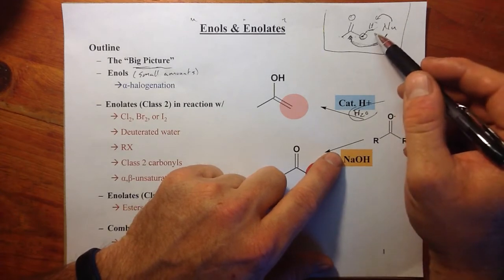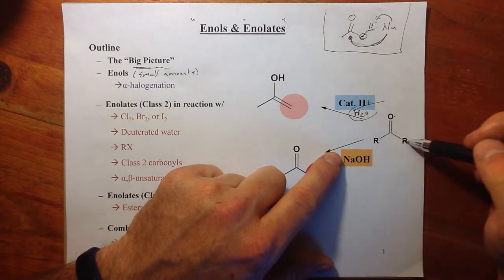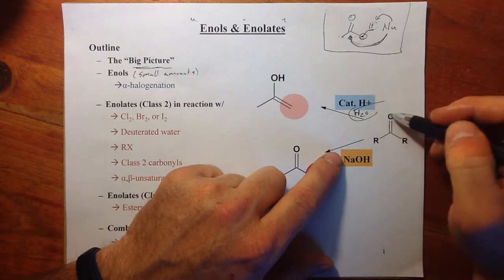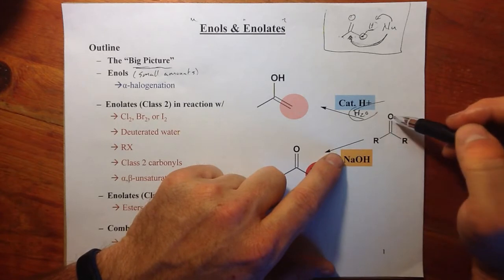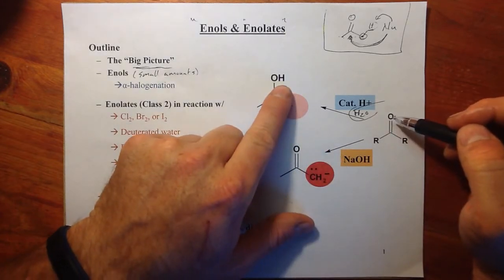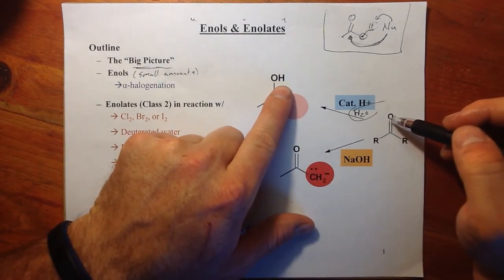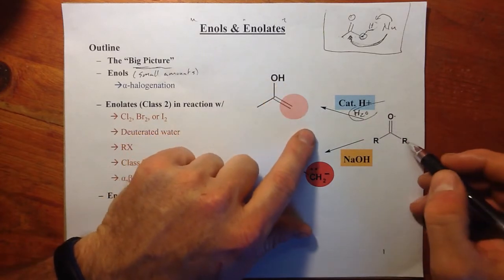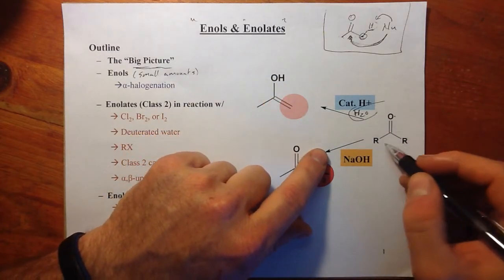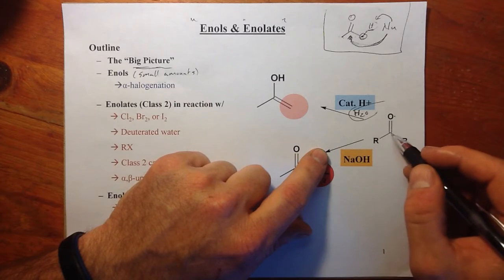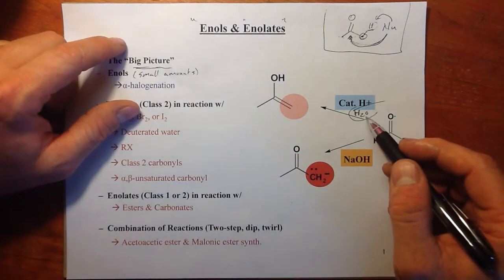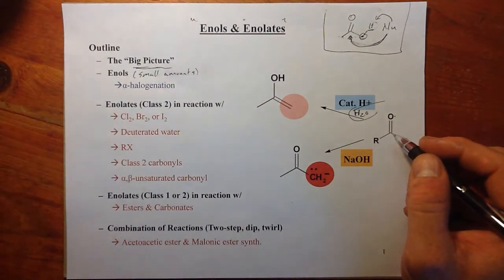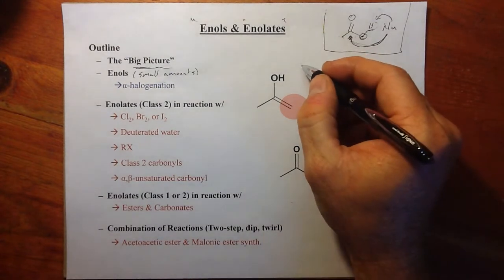We have to tear a proton from the alpha carbon, so we could protonate first. If we were using an acid, we would protonate this oxygen with an outside acid, and this proton would be that catalytic proton. Then water would tear off a proton from one of the alpha positions next to the carbonyl. But what if we had no acid and water present? How do we tautomerize from enol to keto or keto to enol? I wanted to just show you what could happen.